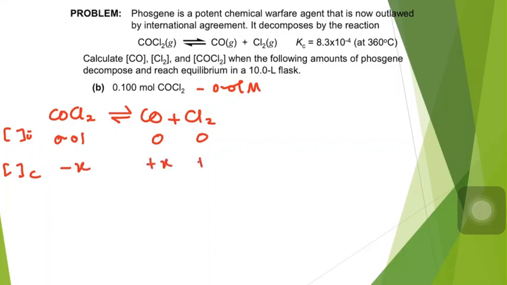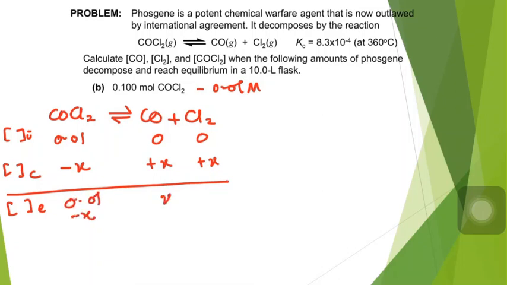Concentration change here is negative x, plus x, plus x. So at the equilibrium, this is equal to 0.01 minus x, x and x.